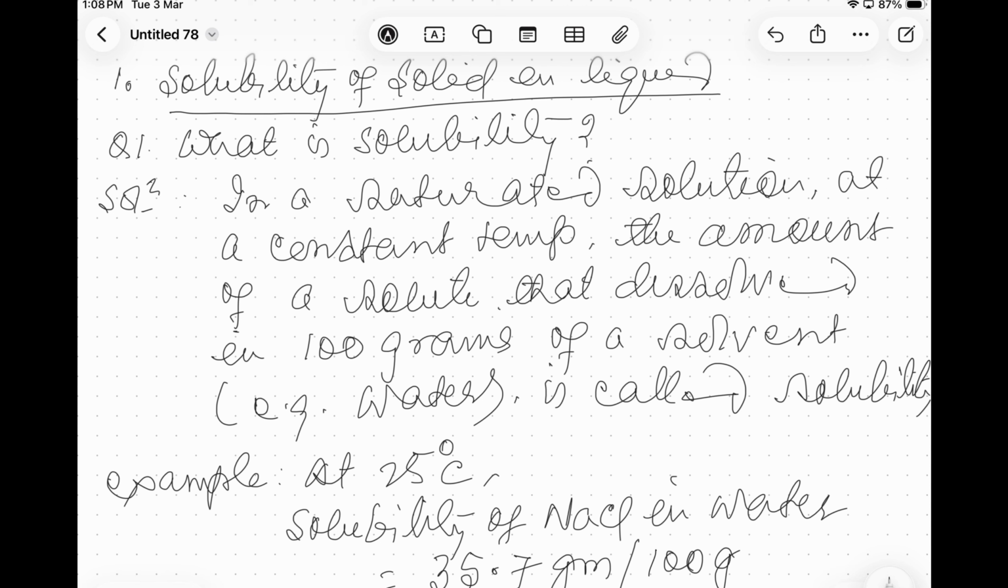This is the solubility. In another way, I can say it: to prepare a saturated solution at 25 degrees Celsius in 100 gram of water, 35.7 gram of NaCl dissolved.